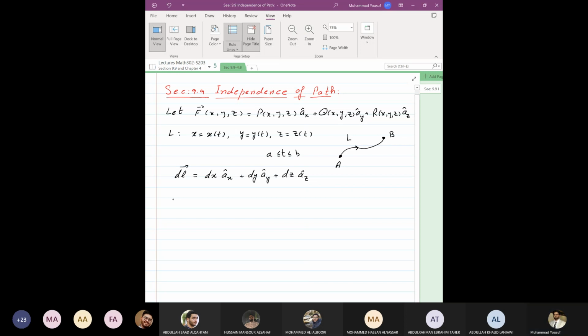And the integral over L of F dot dl can be written as the integral from a to b of P of x, y, z dx plus Q of x, y, z dy plus R of x, y, z dz.